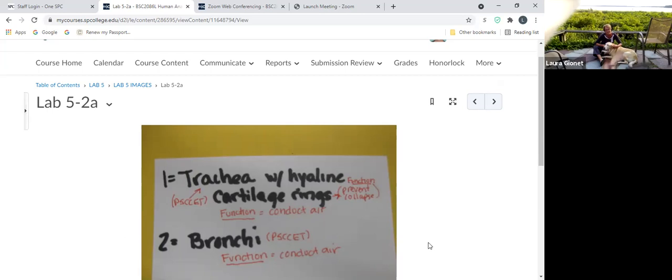It has very similar histology to the trachea. One way you're going to recognize it on the slide is you see some hyaline cartilage peeking out around the circumference of this tube you're looking at on end. Because once you're in the lungs, you can generally see all kinds of things.